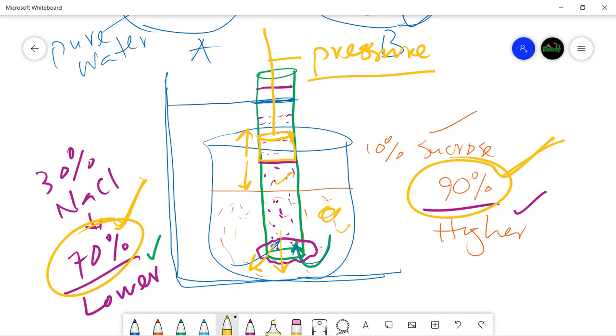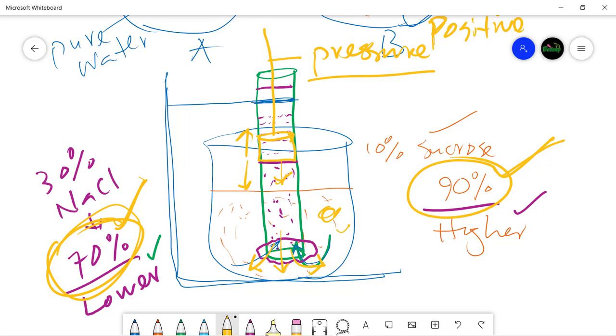Now this is a positive pressure, and this positive pressure is adding to the free energy of this solution. Since this is a positive pressure, it is adding to the free energy inside the tube. And if we increase the pressure beyond this point, what will happen? The piston will slowly start moving downwards and water will start coming out of this particular tube.